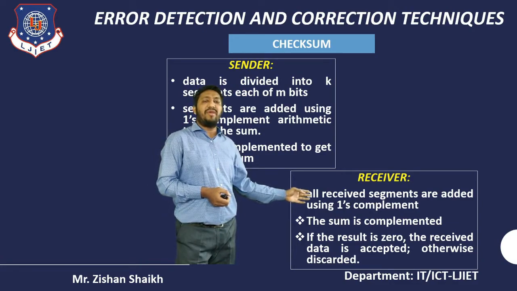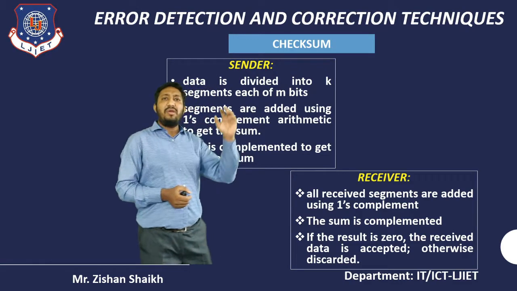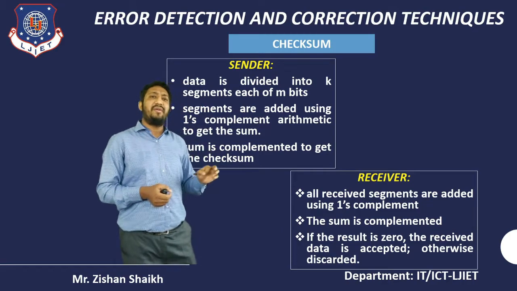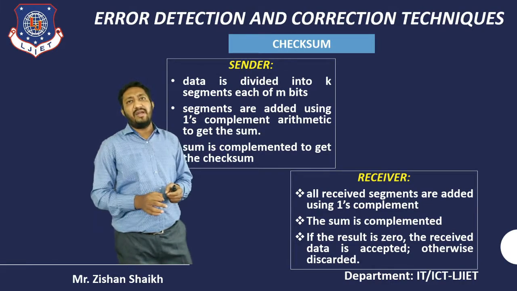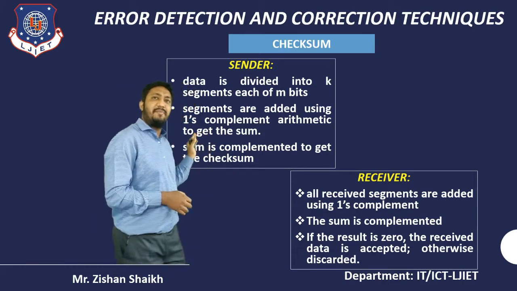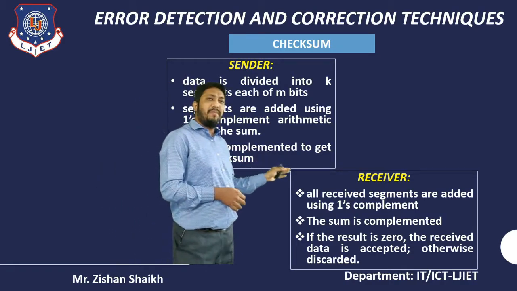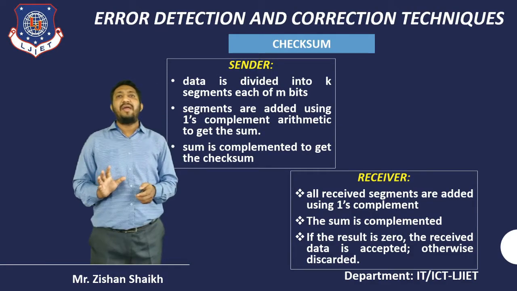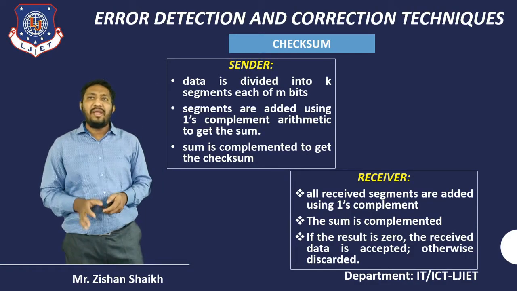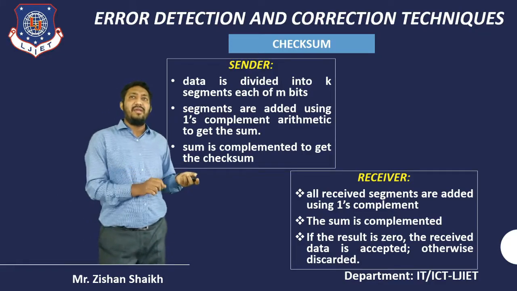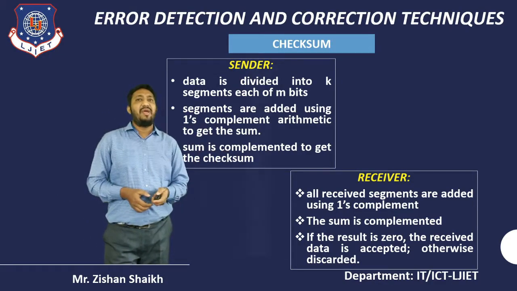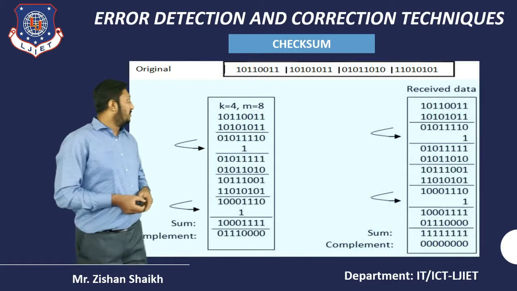So the final sum we get at the receiver side, we complement it. If the complement of the sum is 0 at the receiver side, then we understand that all the data segments sent by the sender are correct. Otherwise we reject them as an error detection technique. How exactly the checksum is used, we will understand with the help of one example.